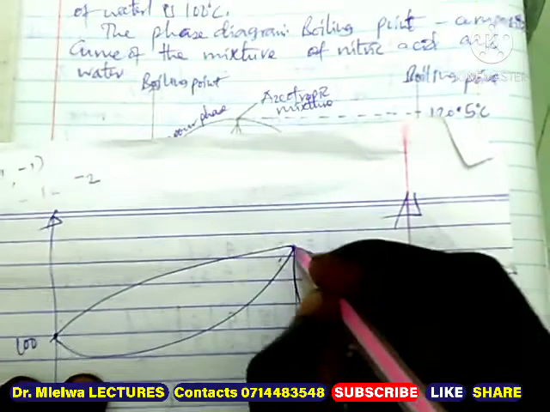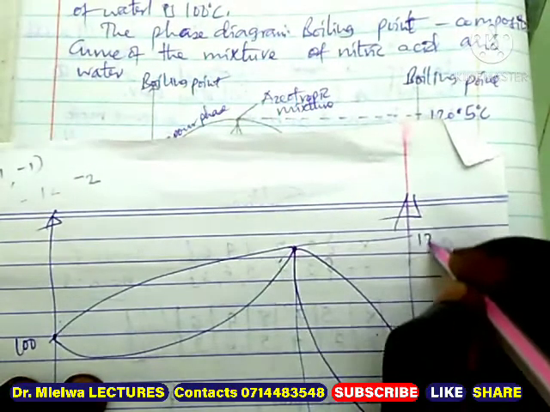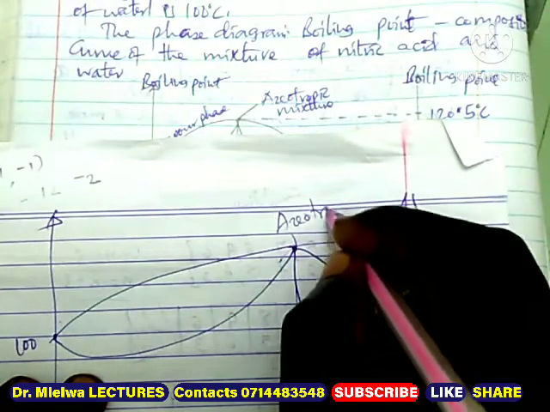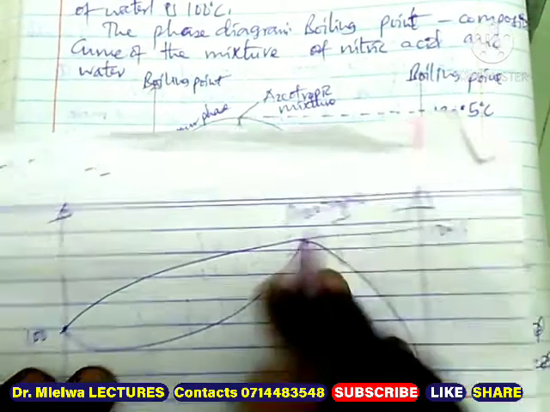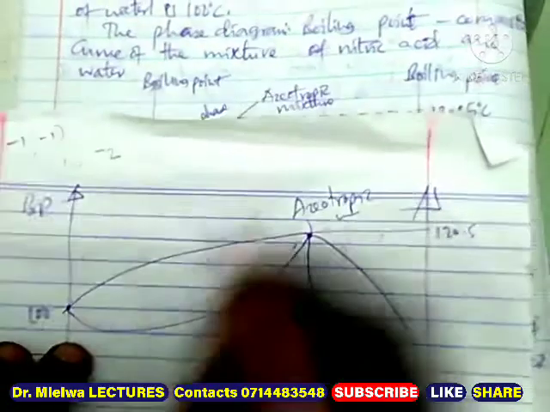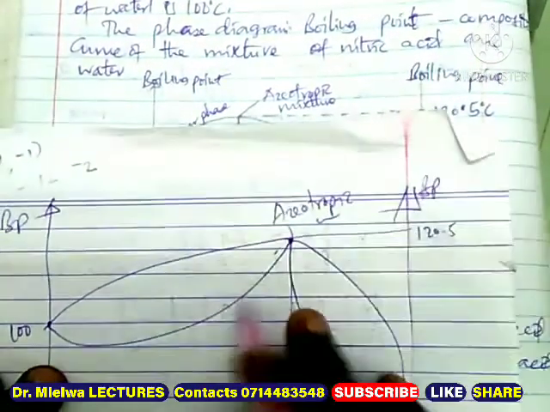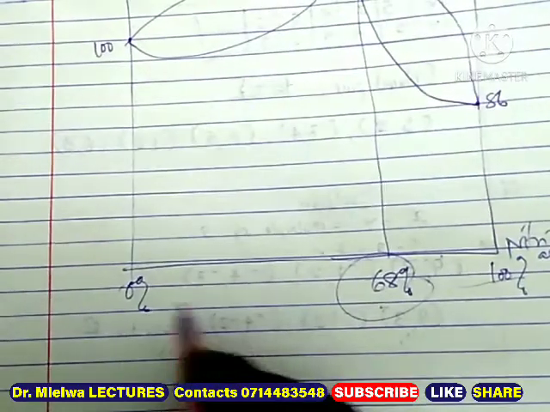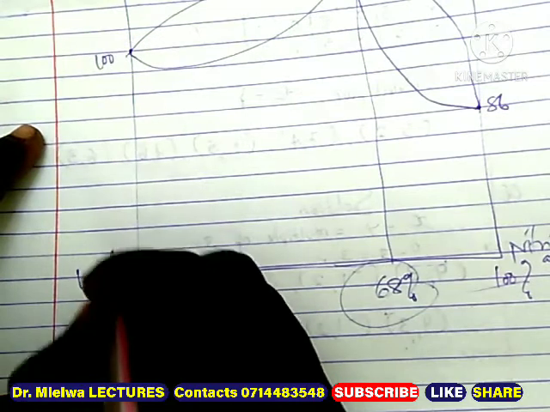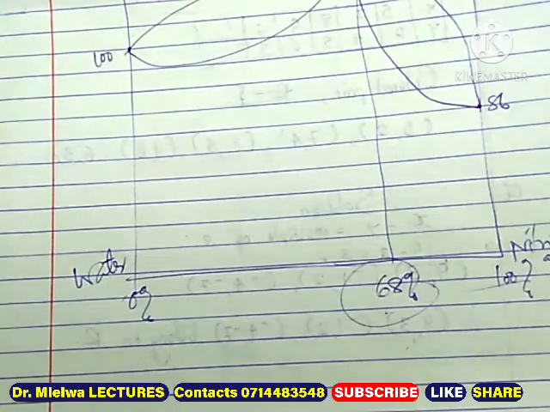So from here tutaweka temperature 120.5, and then hapo tutaweka azeotropic mixture, na toka hapo tutaweka boiling point. Huko tutaweka water. Vitu vingine kwenye graph ni correct.